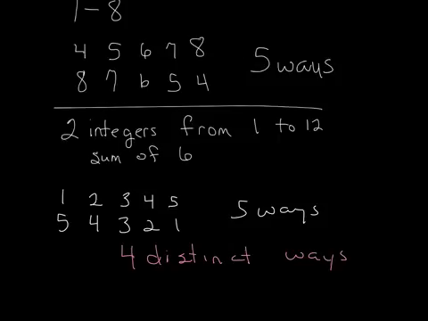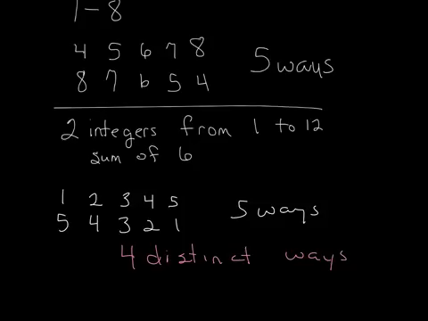How many different ways? You can't put the number back in. Which one are we going to have to eliminate? The 6 and the 6. So how many different ways, in this case distinct ways or without replacement? You're not putting the number back in the box. You're just randomly picking one number and then another number.